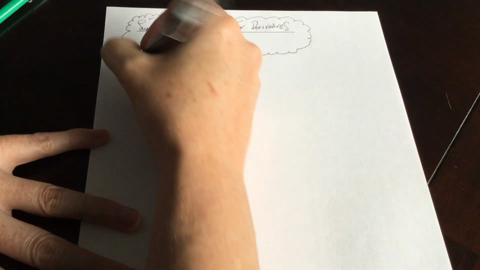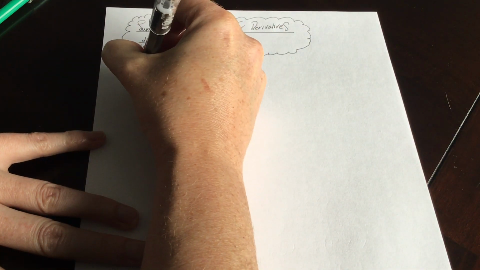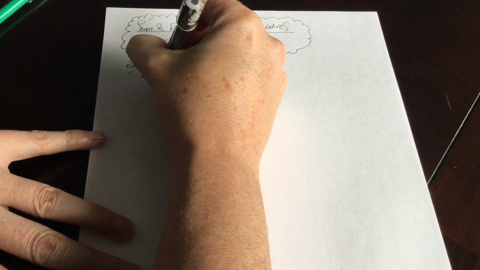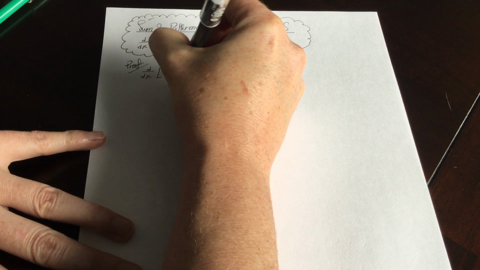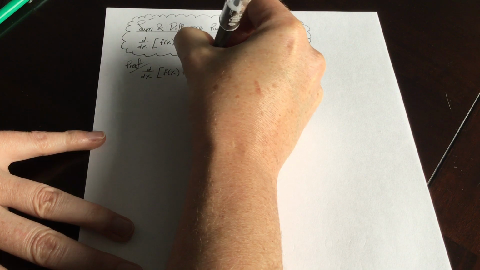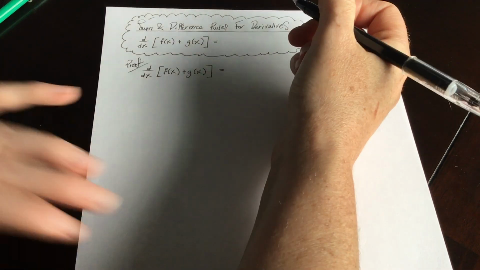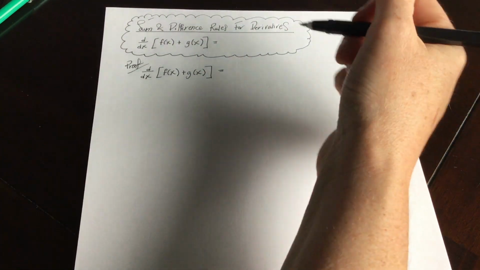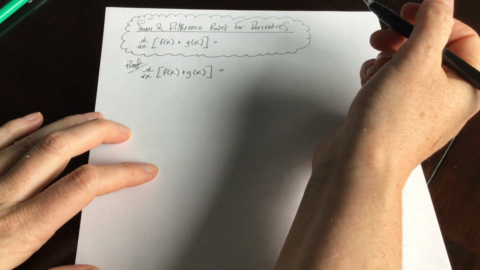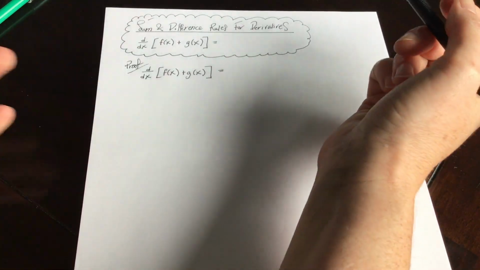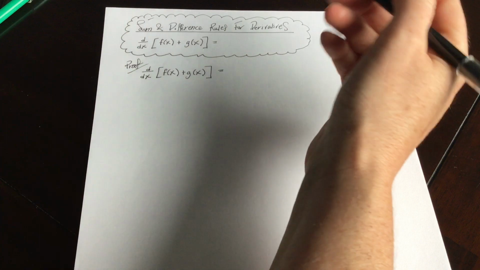Okay. So the proof would be, let's prompt it by what we're finding. So we're finding d dx of f of x plus g of x. And so we're going to fall back on the definition of derivative for the purpose of the proof, and then we'll get a fun little rule. And then anytime we're in a situation like this, we get to not do the hard way. You get to use the rule.